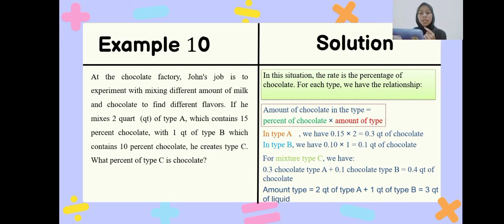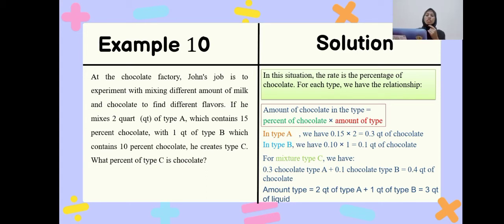So in type A, we have 0.15, or 15%, times 2 is equal to 0.3 quart of chocolate. And in type B, we have 0.10 times 1 is equal to 0.1 quart of chocolate.